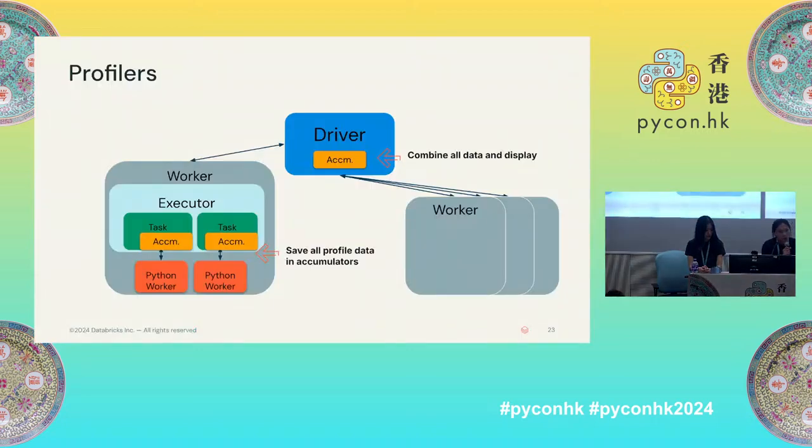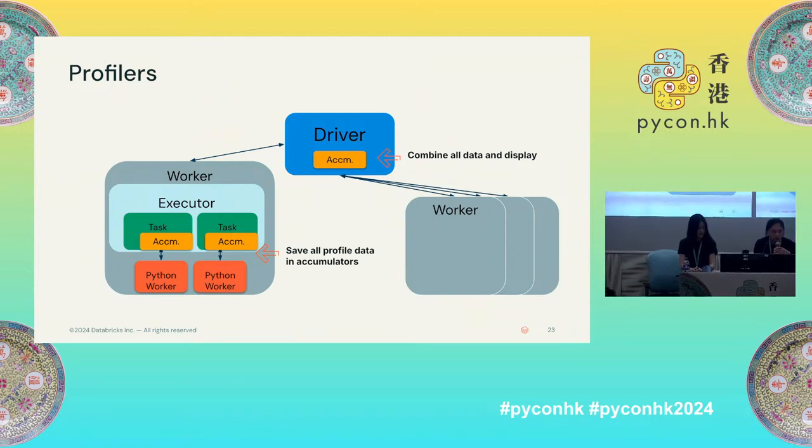Before I explain how you use them, I want to briefly explain how it works in general. Allison talked about the general structure, right? The driver sends the serialized Python function to the executor, and the executor launches the Python workers, and the Python worker executes the Python functions. To leverage the profilers, we use something called an accumulator. Whenever we execute the Python function, we collect the execution information into the accumulator.